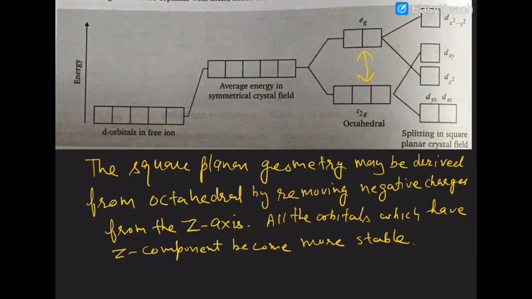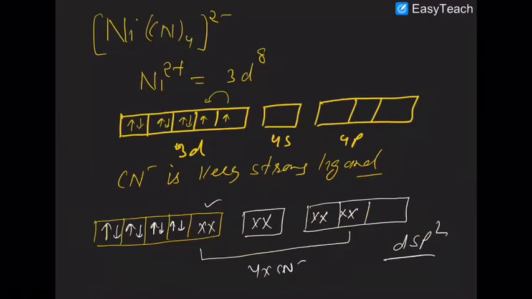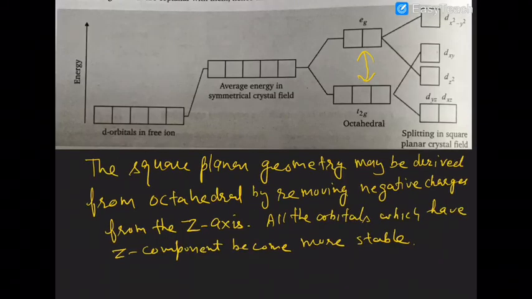So what will happen to the configuration? Now look at what will happen to the configuration. How many electrons are there? 3d8, so 8 electrons are there. So these 8 electrons will be filled up like that.